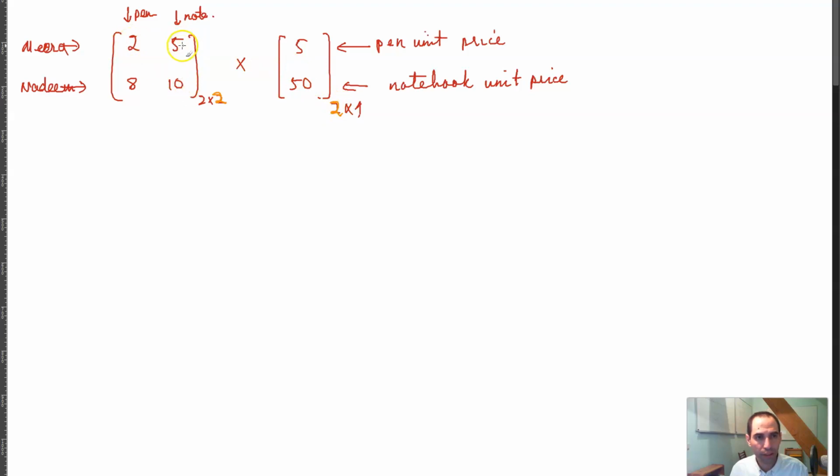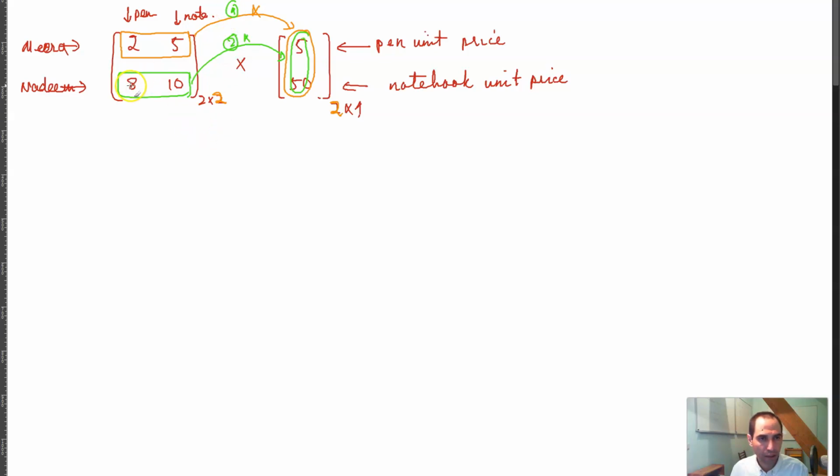You have 2 columns here, meaning that you take this row and multiply it by this, and multiply it by this. So as you can see, when I do the matrix multiplication, I take these 2 numbers and multiply them by these 2 numbers this way. The second time, I again take these numbers and multiply them by the same numbers here. This is the first time, this is the second time.